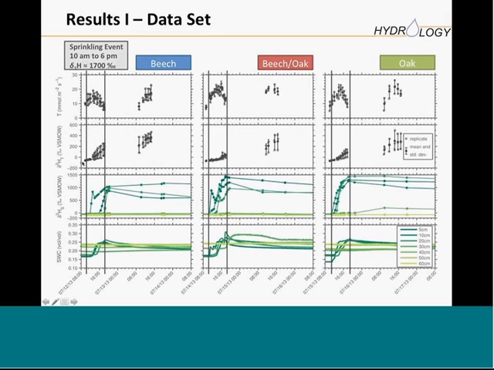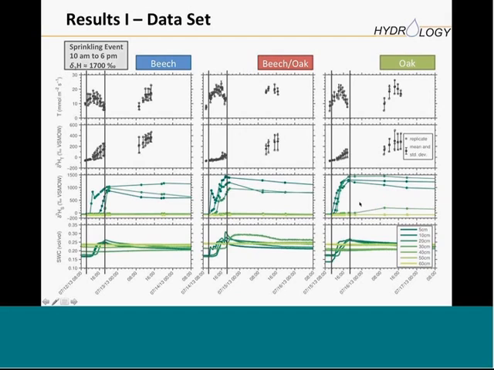And then we have the observed isotopic composition in the transpired water. You see we enriched the sprinkling event with relatively high deuterium values to 1,700 per mil. So we had a really strong signal we could work on. And you see the responses are different between the 3 different vegetation.